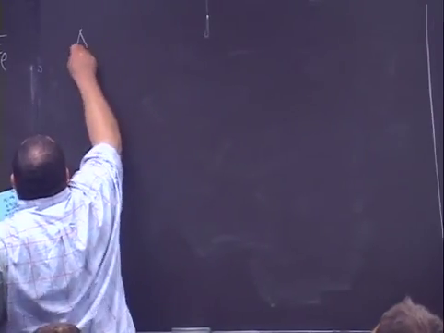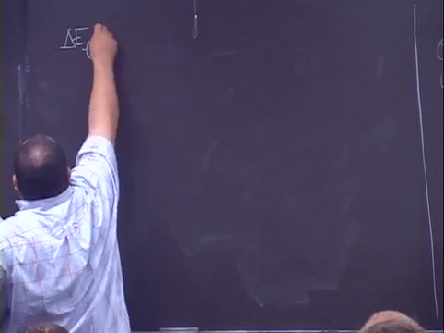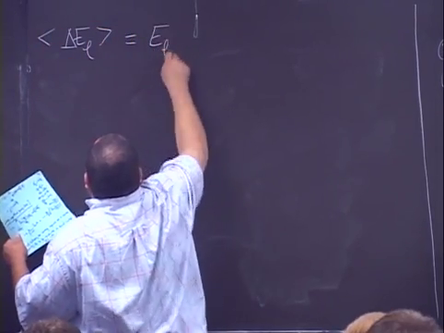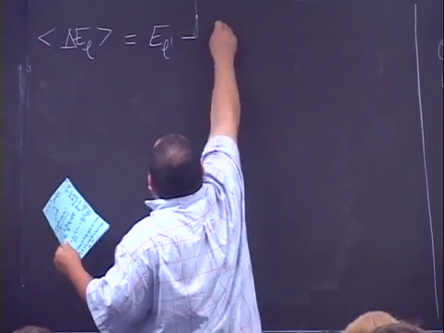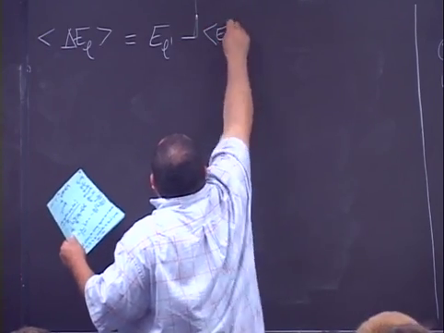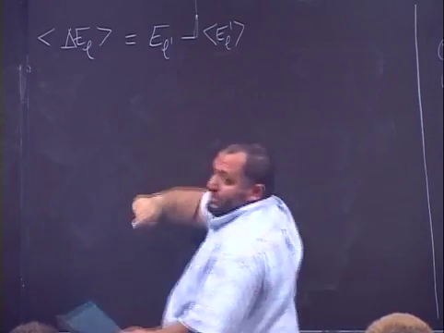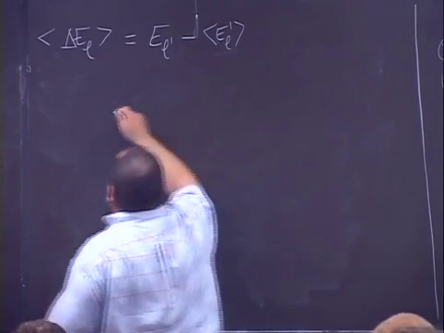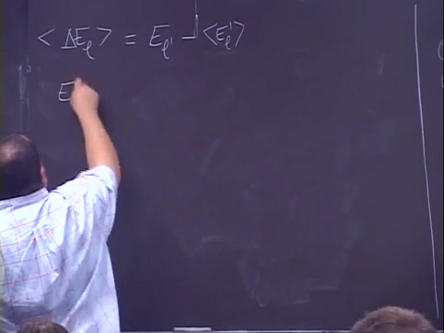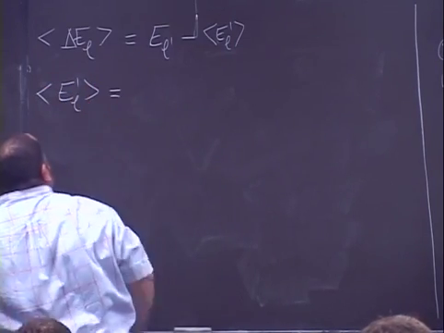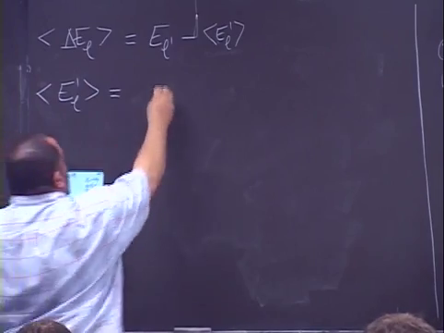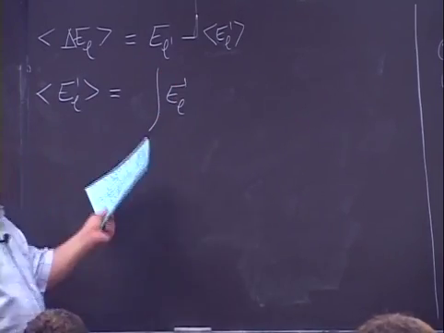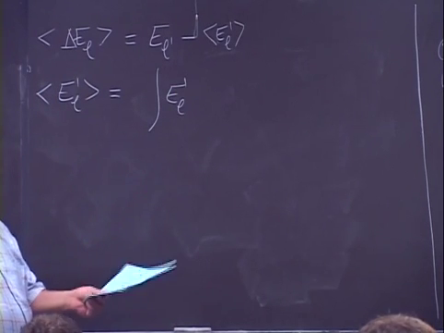So delta EL is equal to EL minus the average energy that the neutron will get out. What's the average energy? It's just the energy EL prime, and I will average it over the probability distribution function.